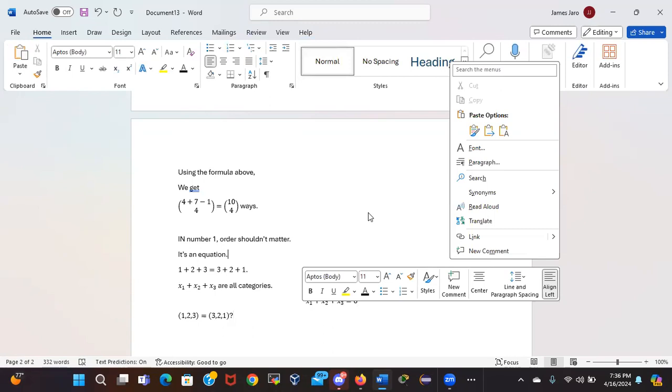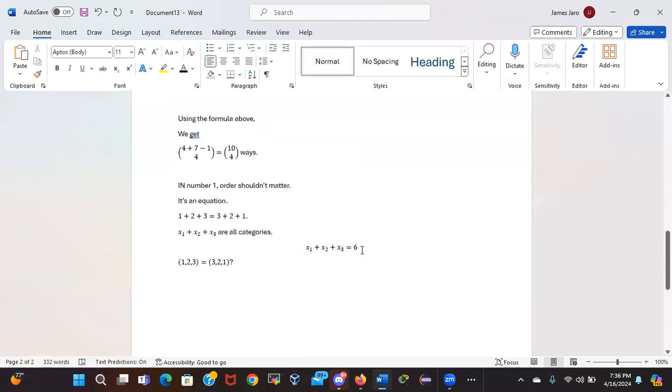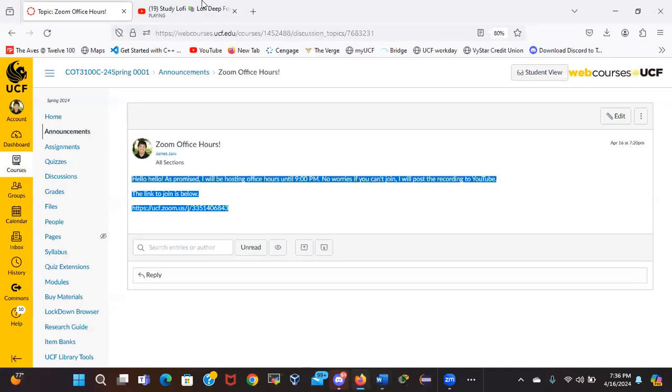Is there a difference between that? Okay, the x values have different numbers, but does it matter? Hmm. Let's see here. How do I want to find this?